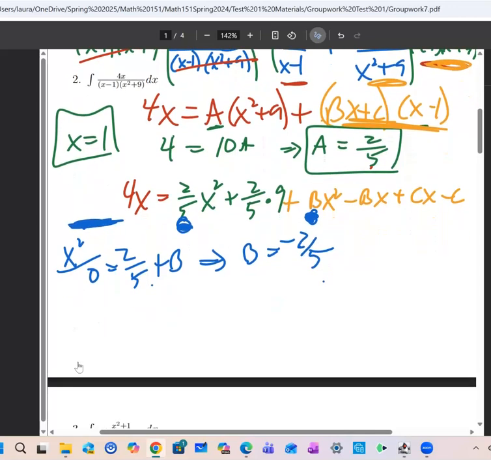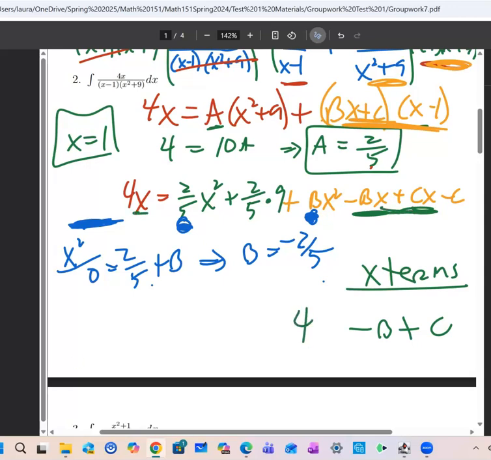Okay, so now we need to go check either the x terms or the constant terms. You get to choose. So I'm going to go with the x terms. So the x terms on the right-hand side, I get negative B plus C, right? Those are the only two x terms, and that equals 4.